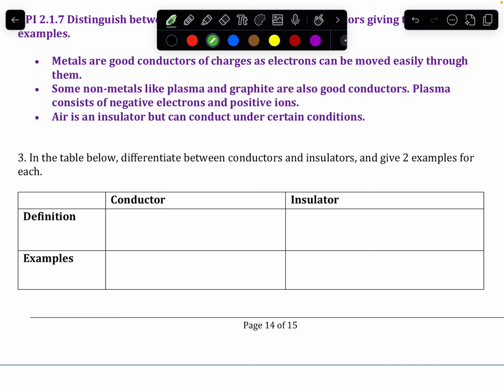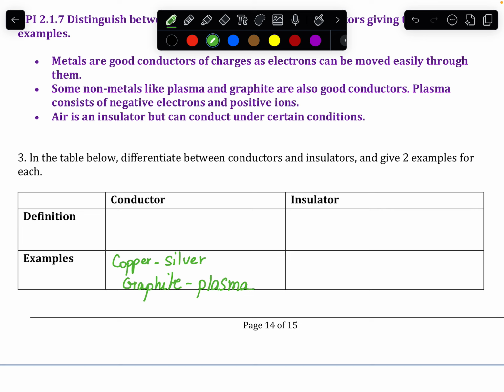Let's say all kinds of metals: copper, silver, anything. In addition, I have graphite and plasma.